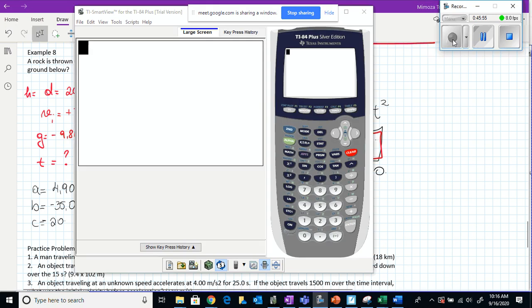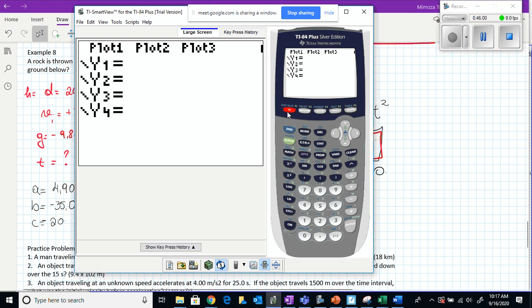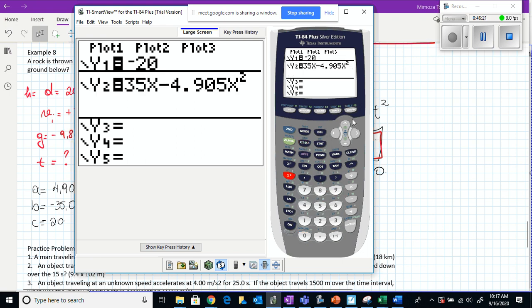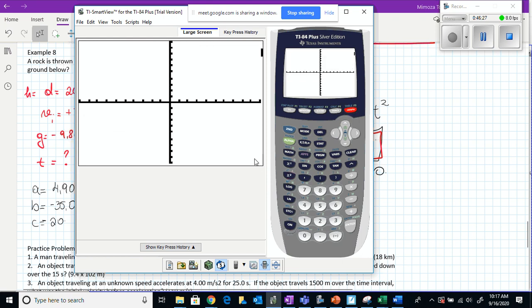Okay, so now what we are doing here, we are entering y1 as negative 20 and then y2 as 35x minus 4.905x squared. And then we are graphing. So this is what you will see. And then what do you do in order to see the intersection?